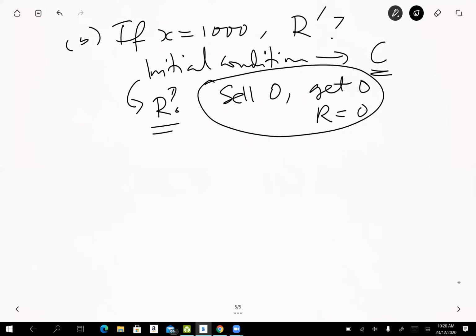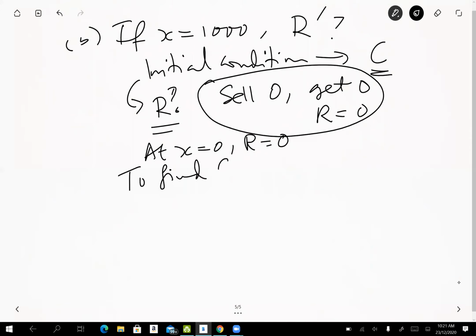The initial condition for revenue is that you don't sell anything, revenue is nothing. So the initial condition is at x equal to 0, R is 0. Now you can find c. To find c, I will substitute the point (0, 0) into R.